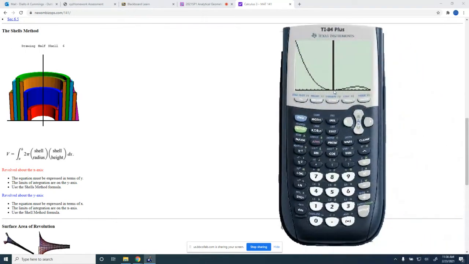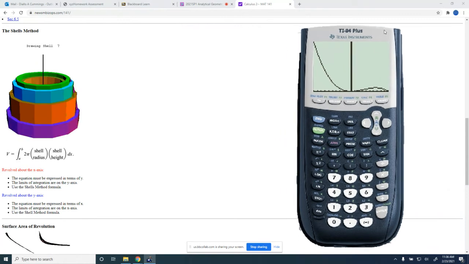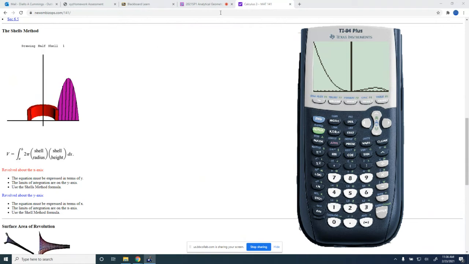So notice that we found the limits of integration are from 0 to 10. So now we're going to set up our volume function using the shell method.